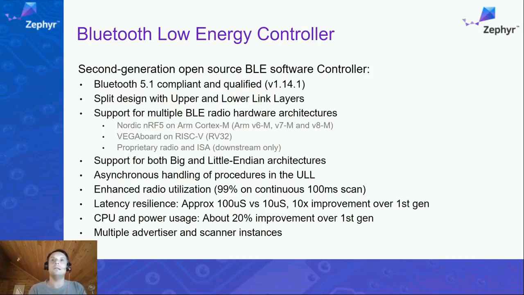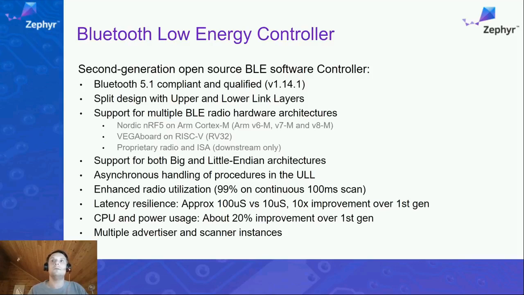So we have a resilience to latency that's approximately 10 times bigger than what it used to be in the first generation. So this is something that's obviously also in active development and adding more and more features as we speak.